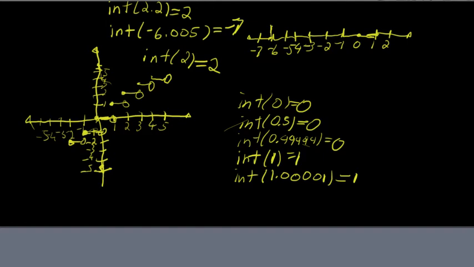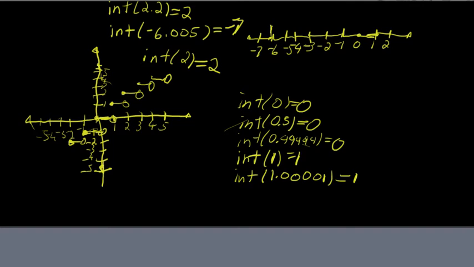Okay, so back to the idea of limits. Let's say we wanted to find the limit as x approaches 1. And let's say we looked at values closer and closer to 1, but coming from the left.